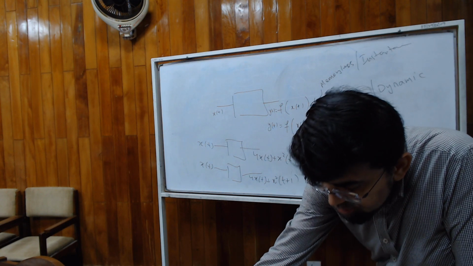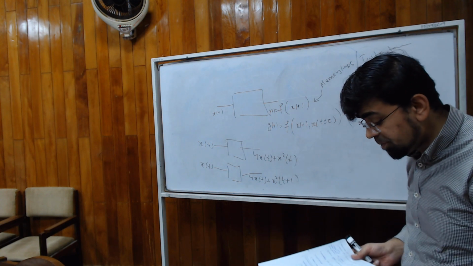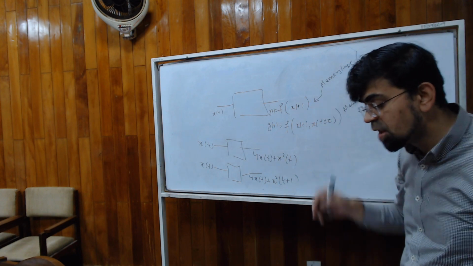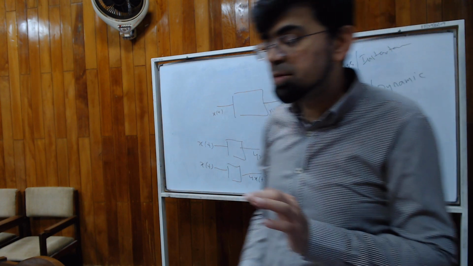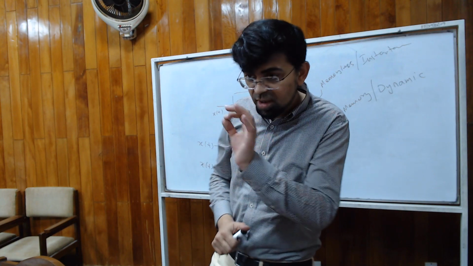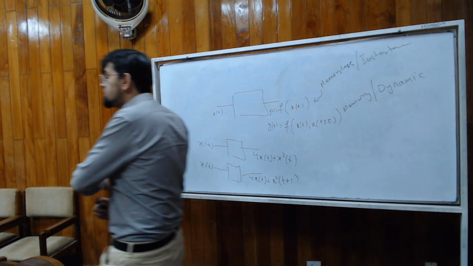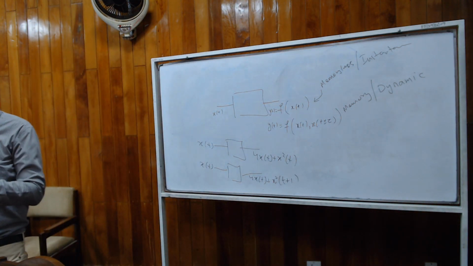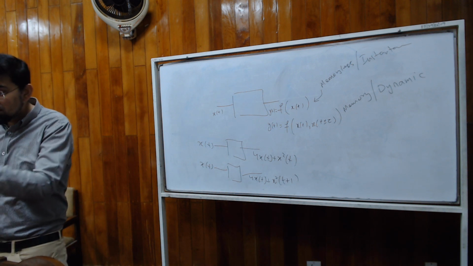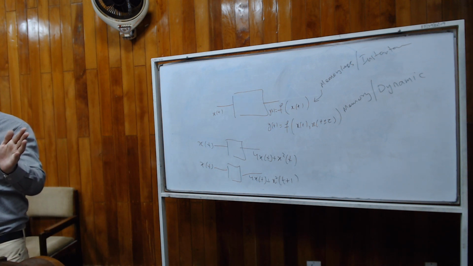A causal system: if a system does not depend on a future value, if its output does not depend on a future value, we say it is causal. So it depends on the current and the past values only.